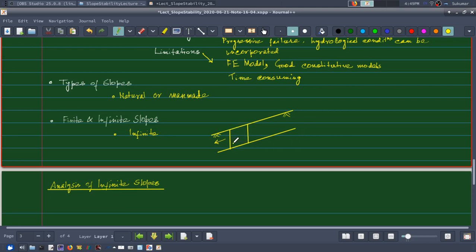Therefore I can assume my failure surface parallel to the slope surface. That's how we define an infinite slope.